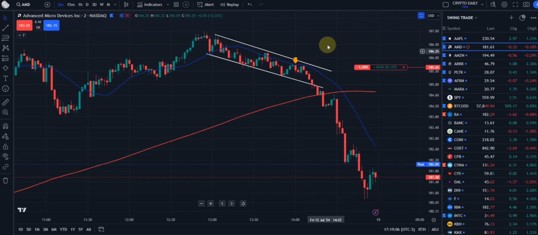But you can pull it down further, and then we know that the third push to the upside, more than likely, nothing really is 100%, other than some of the things we've gone over before, were the 200 and the 20. Doesn't matter if it's on a 2 minute chart or a weekly chart, they're going to come together and get far apart. That does happen 100% of the time.